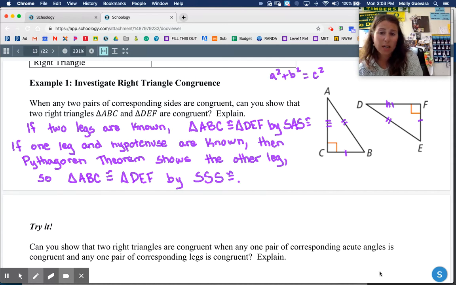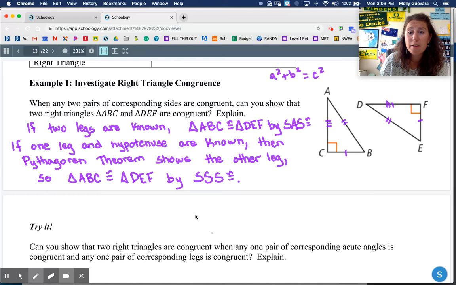So what we've just kind of shown is, hey, even if I know a hypotenuse and the leg, I could find the other leg and it would all be congruent, or I can just use HL, right? Which now tells me as long as I know the hypotenuse and a leg, then I can go ahead and say that my two triangles are congruent. I don't have to go through the whole process of finding the third side.